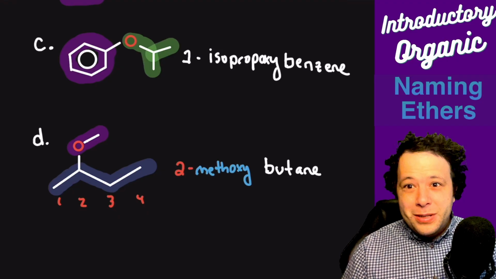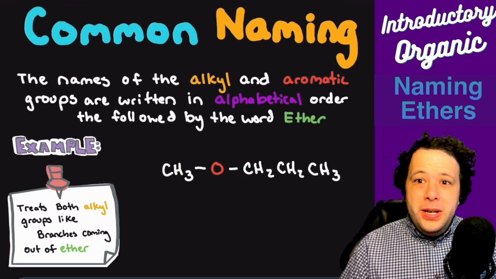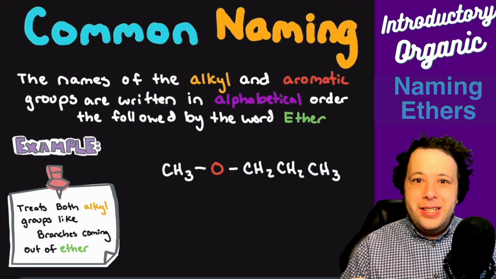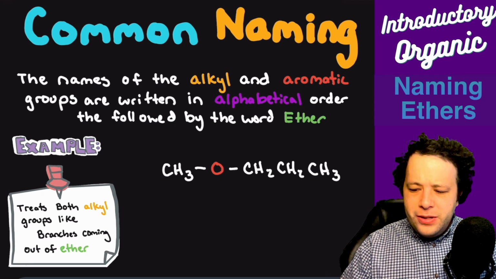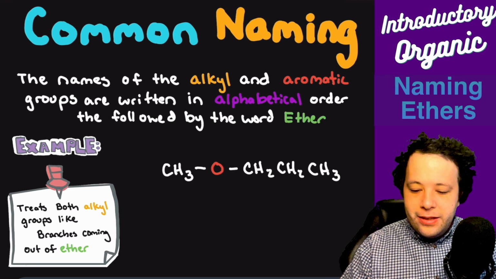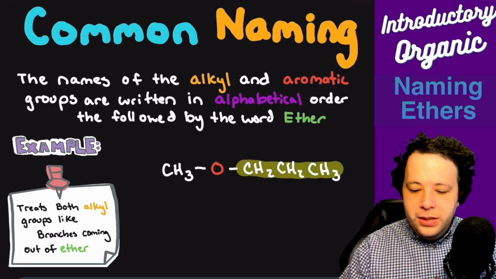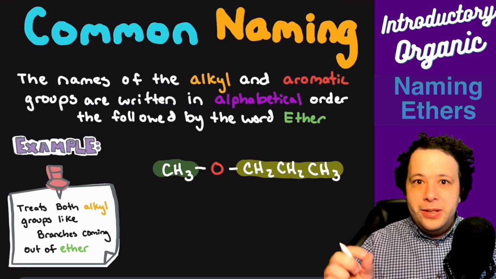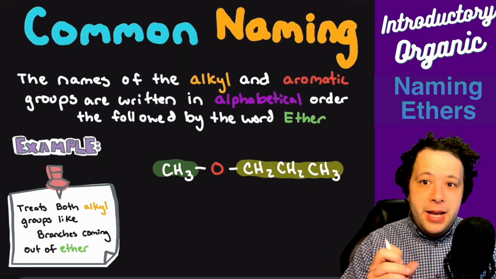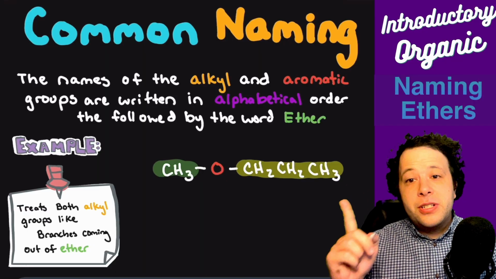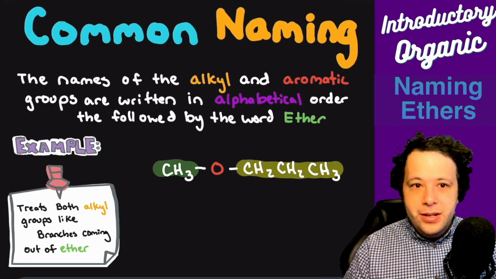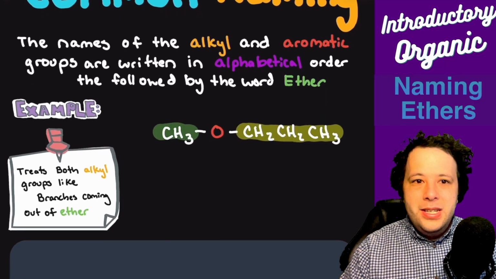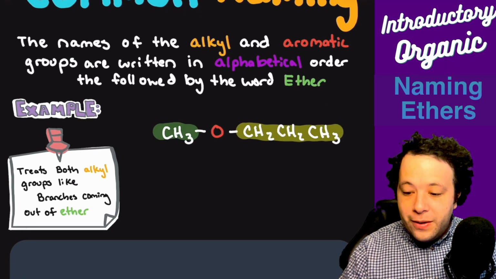Let's go through some common naming examples. When it comes to common naming, the idea is that if we have an ether, it's like we're labeling the 2 branches. The 2 alkyl and aromatic groups, we put in alphabetical order, and then we follow it with the word ether. This is a very nice, very simple naming scheme.